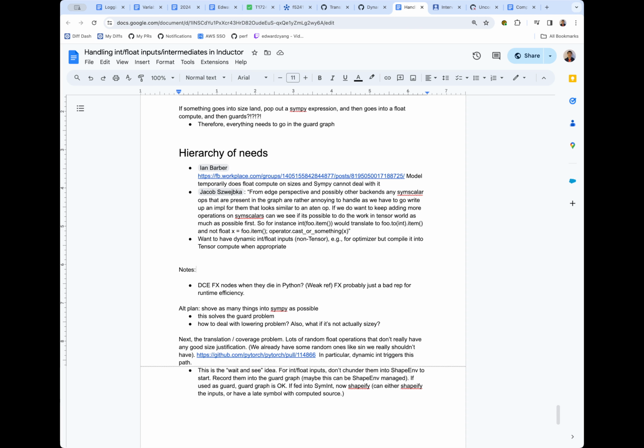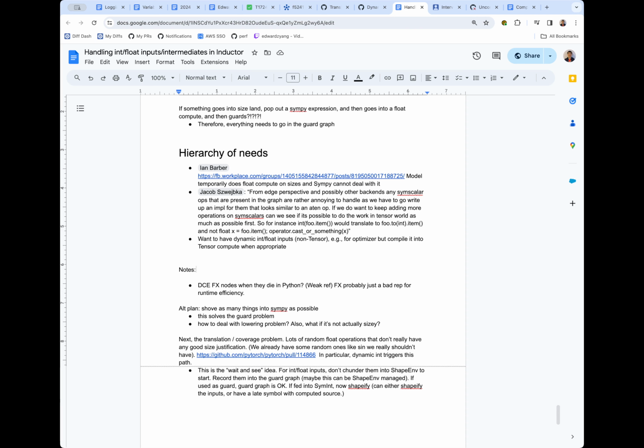So the bad idea that I have, the simplest possible idea I can think of in this case, is to put everything into some graph somehow that doesn't make a commitment as to whether or not it is size-like. Then once I have found all the outputs which are size-like, do a dependency analysis.